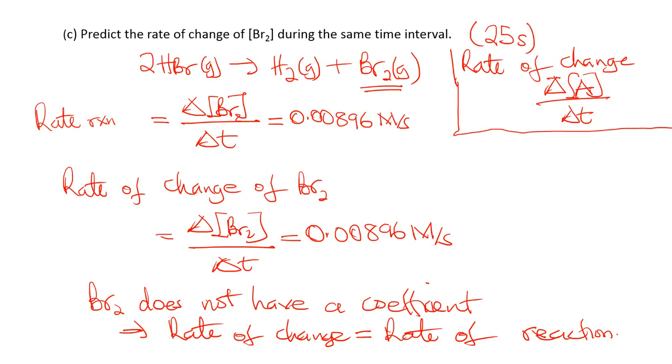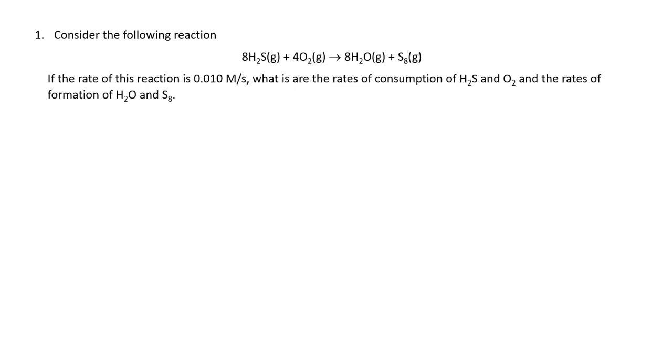Now let's look at another problem. So consider the reaction given here. Consider the following reaction. So this is our reaction. If the rate of this reaction is 0.01 molar per second, what are the rates of consumption of H2S and O2, and the rates of formation of H2O and S8?